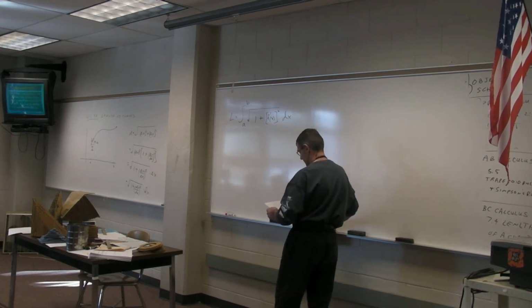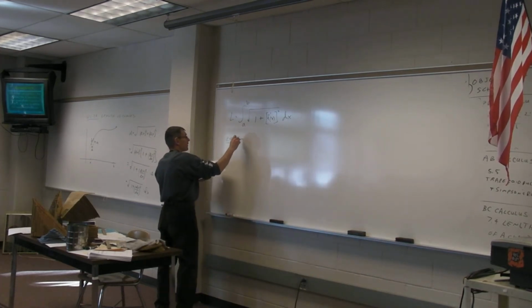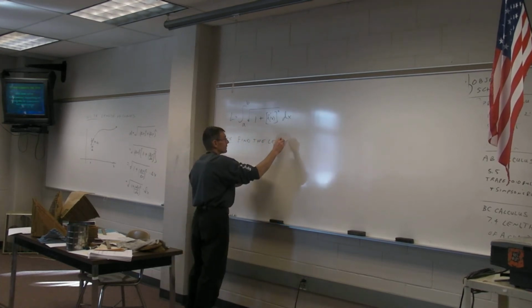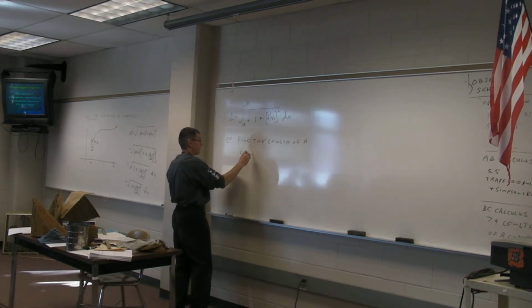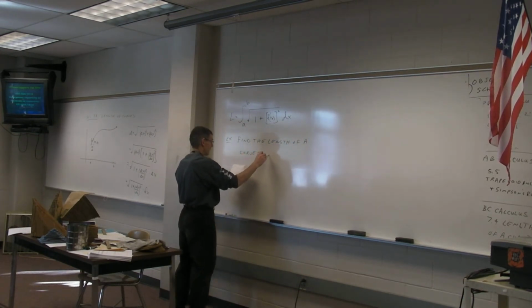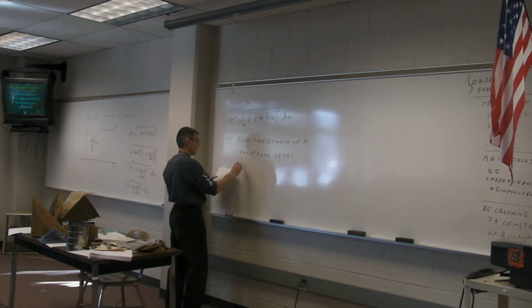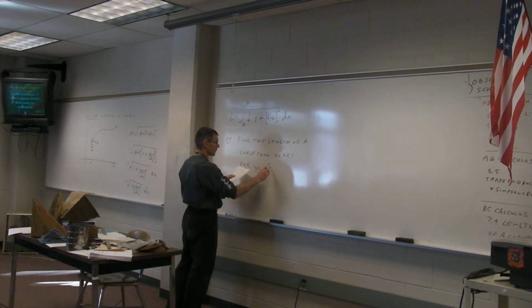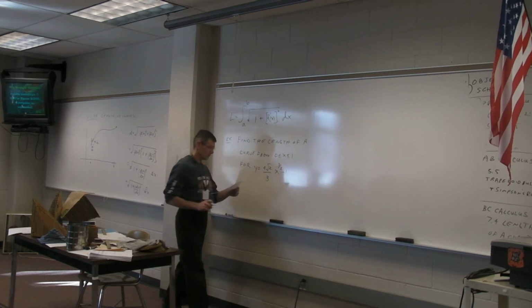We are an hour in. All right. So, example. Find the length of a curve from 0 to 1 for y equals 4 times the square root of 2 over 3, x to the 3/2, minus 1.